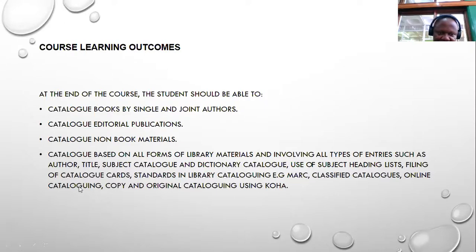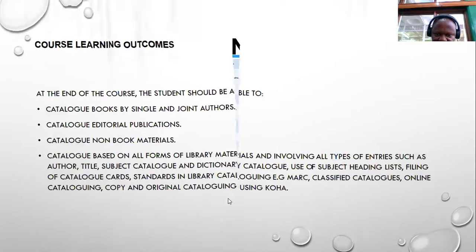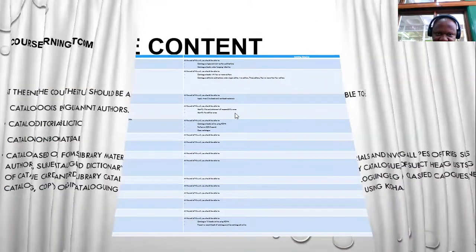We shall do this practically. I believe some of you where you are working now, you have used CORE, that is a library software for online cataloging. And then we shall also perform copy and original cataloging using CORE. So basically that is what we shall be trying to achieve.